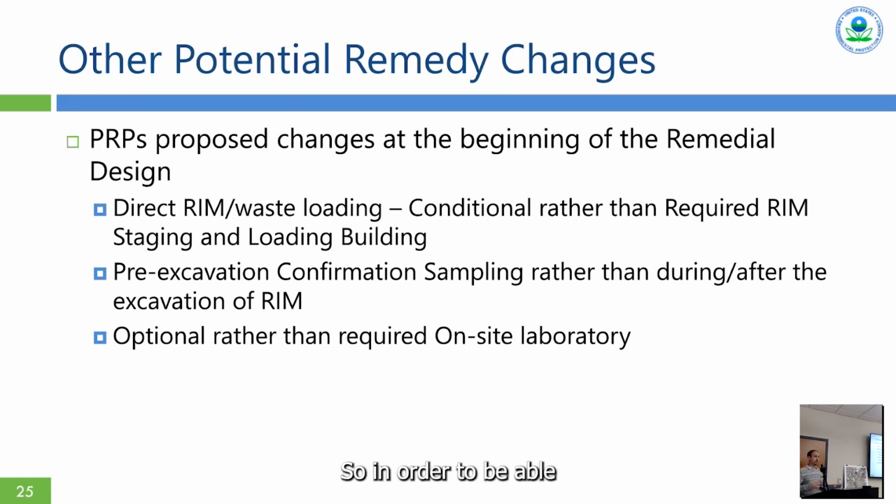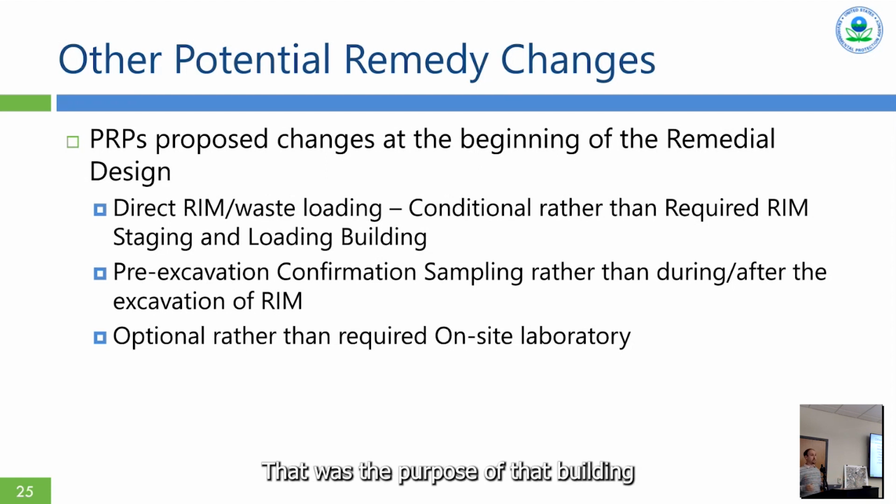So in order to be able to do an excavation and ship that stuff off site, the RIM staging and loading building gave us a place when we dig that high concentration RIM to put it out of the ambient air and environment, stage it, and as we got other RIM that was at lower concentrations, we could load the two together into a container and get loads that would be within the disposal facility waste acceptance criteria.